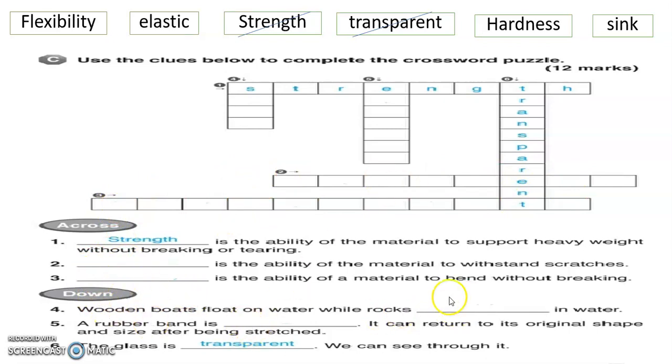What is number 4? What is number 5? Number 6 they have already answered: transparent. So only number 2, 3, 4, and 5. These are the choices: flexibility, elastic, hardness, sink, strength, finish, transparent.